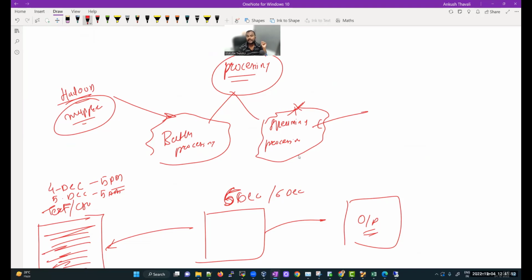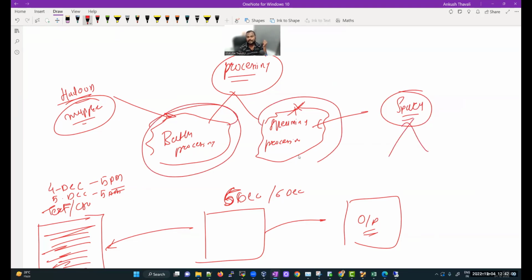But who can do both things? Spark. Spark is a uniform technology which can do batch processing and stream processing. Everything can be done by using this Spark framework. That is the reason I'm telling you Spark is an in-memory computational framework. In memory, it will do everything.